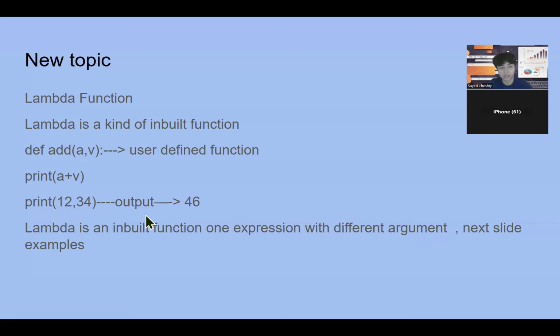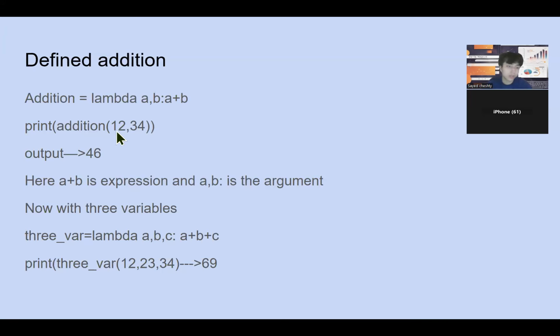So we don't need to write print a plus b and then print 12, 34. This is way faster. The expression is a plus b, and a, b is the argument.